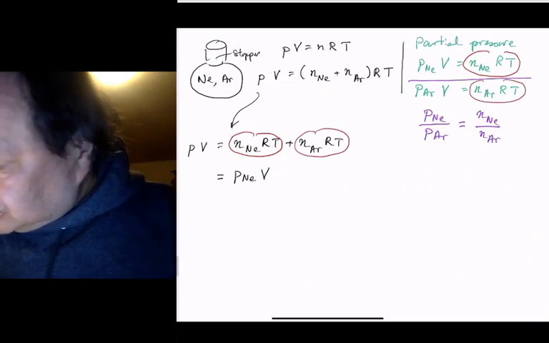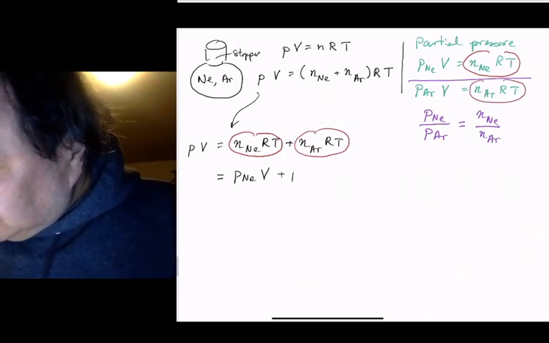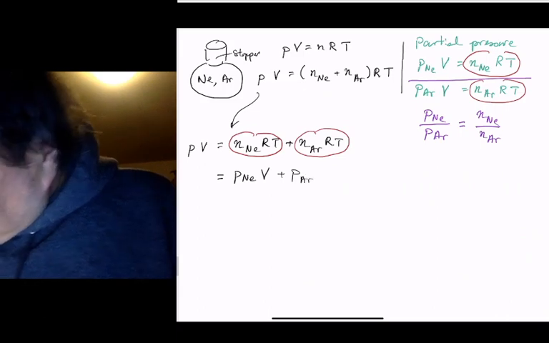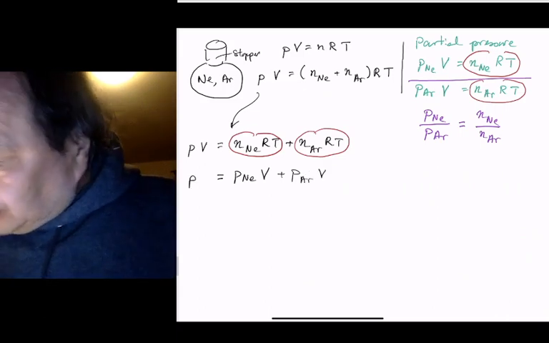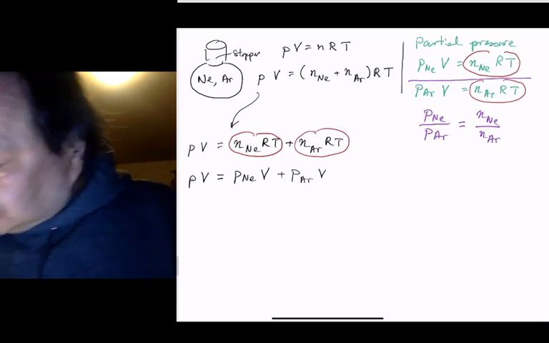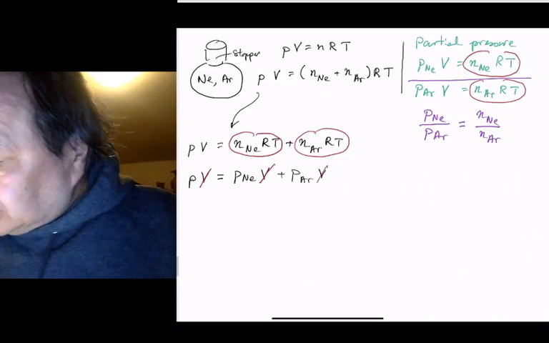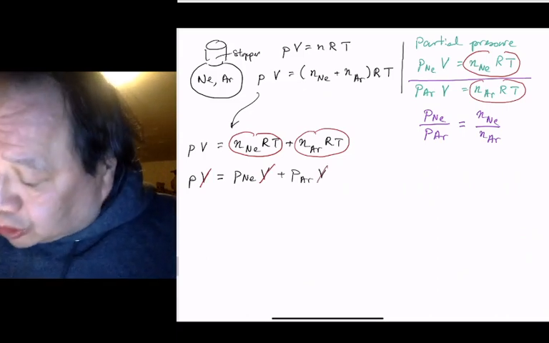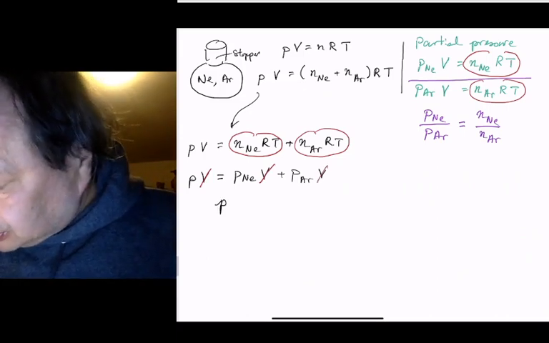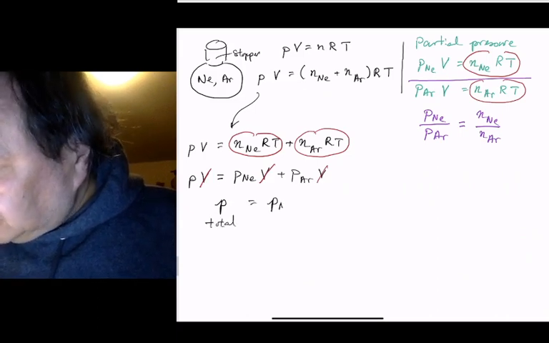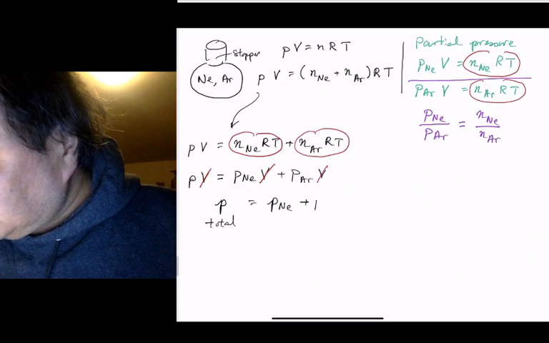So this is equal to P_Ar V. And we see that in this equation here, the volumes cancel. And so we end up with a very beautiful relationship: the total pressure, this is the total pressure, is just the sum of our defined partial pressures.